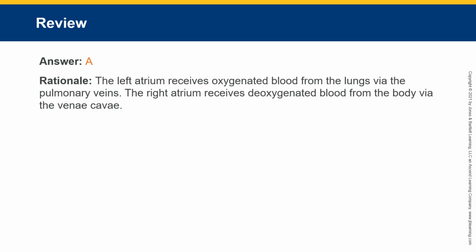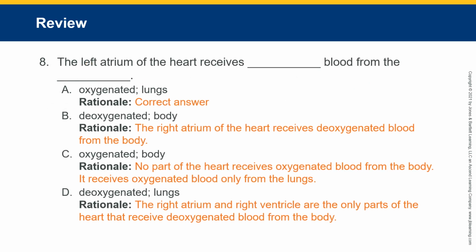Answer's A. The right atrium receives deoxygenated blood from the body. The left atrium receives oxygenated blood from the lungs, because the right ventricle goes to the lungs. The left atrium goes to the left ventricle, and the left ventricle goes to the body.